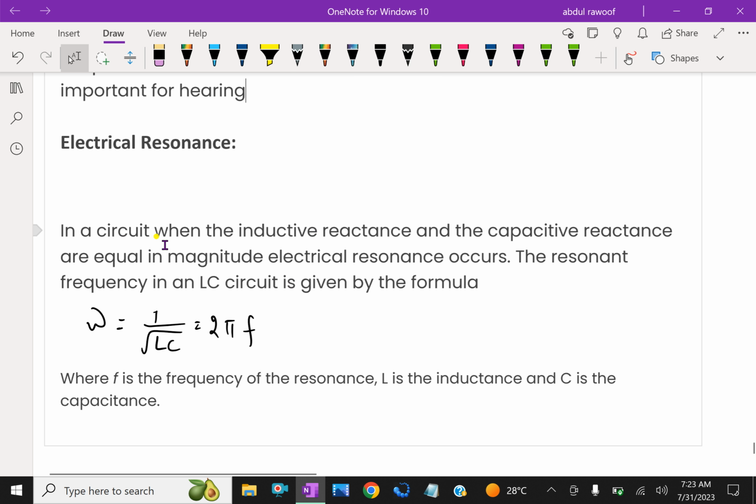Electrical resonance. In a circuit, when the inductive reactance and the capacitive reactance are equal in magnitude, electrical resonance occurs.